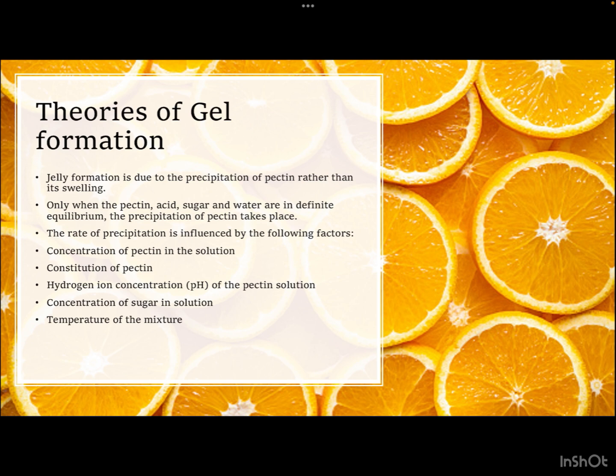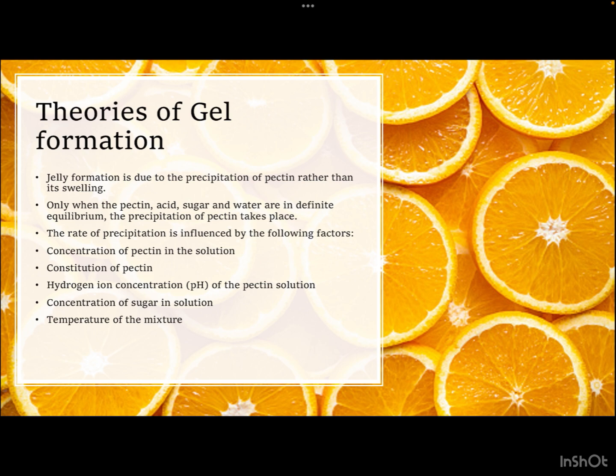Swelling means reaction with water or to have that solvation or hydration kind of effect. But that's not what we see. We see the precipitation that is coming out of the reaction mixture. Only when the pectin, acid, sugar, and water are in definite equilibrium, the precipitation of pectin takes place.